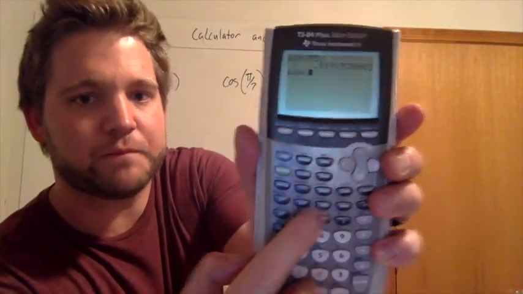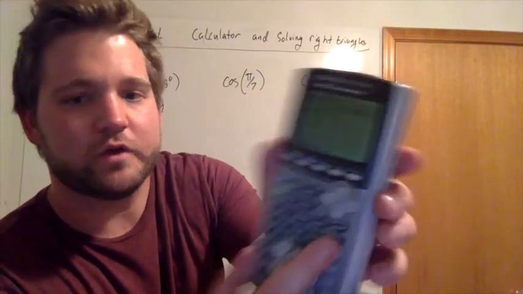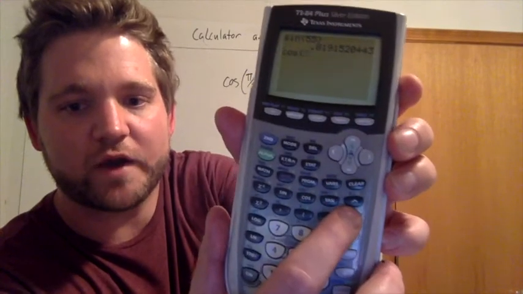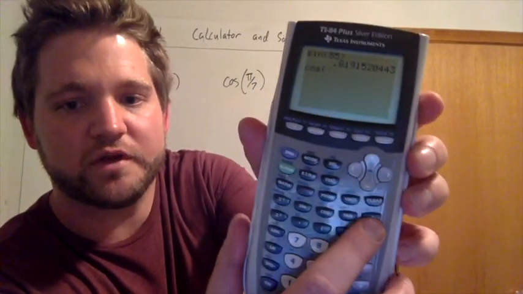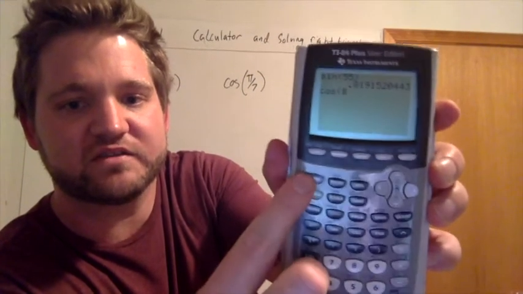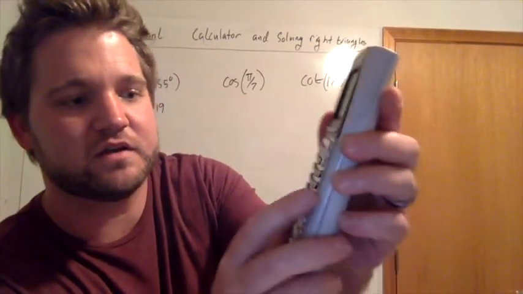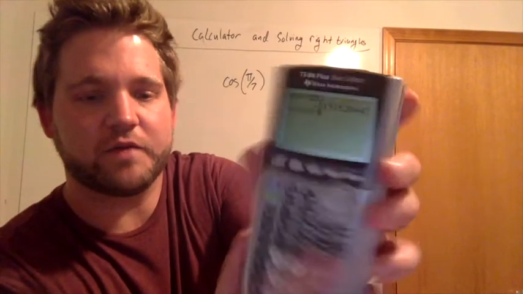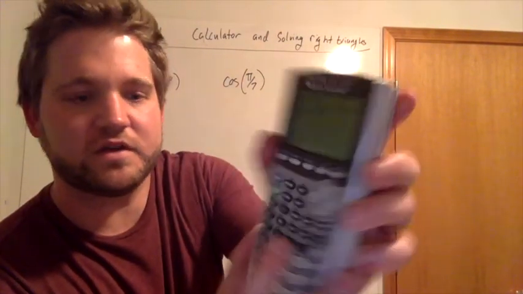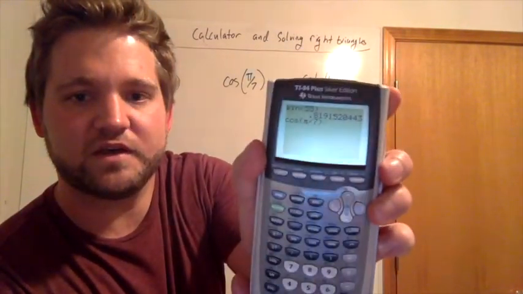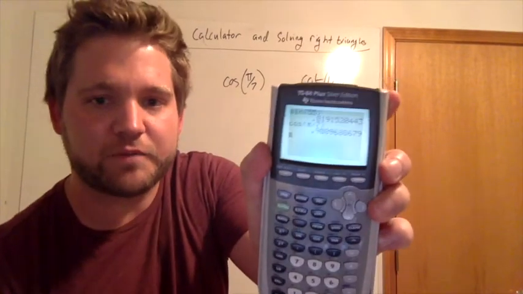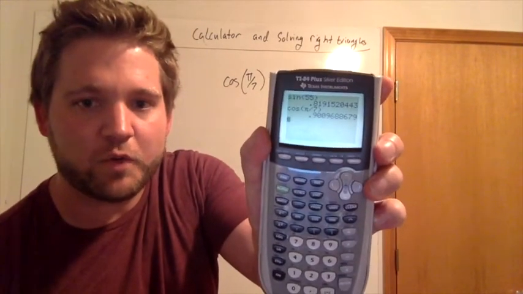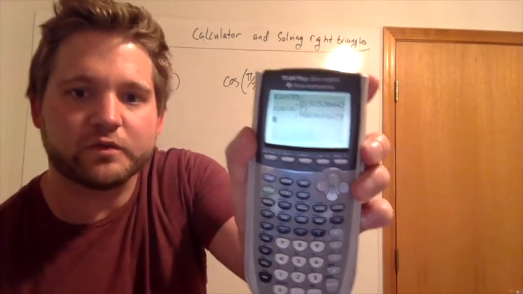We want to write in pi over 7. The pi button is right above the caret symbol. Notice it's in blue, so I have to hit the second key first. I'll hit second and the caret button to get pi, write divided by 7, close the parenthesis, and hit enter.